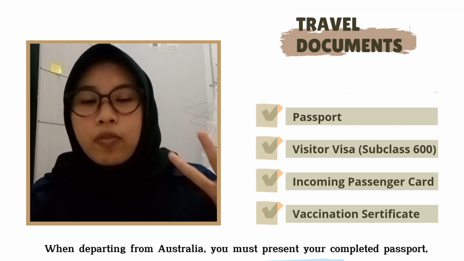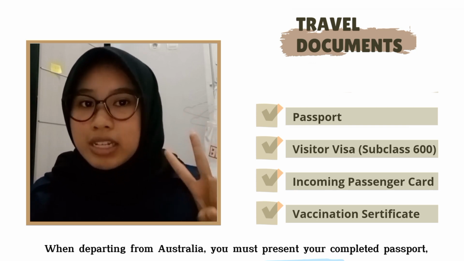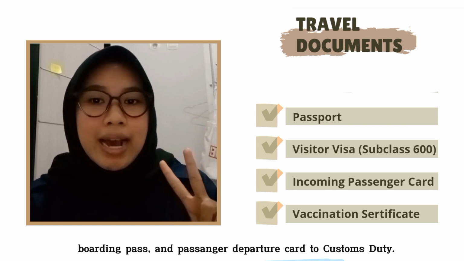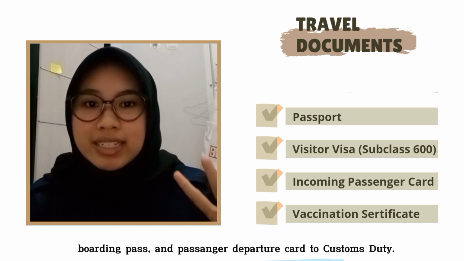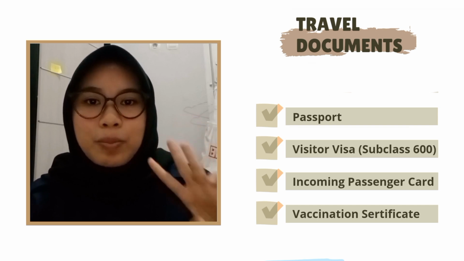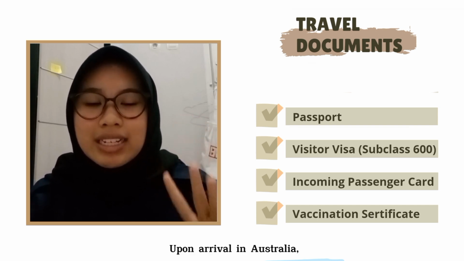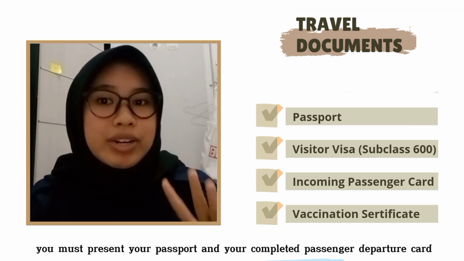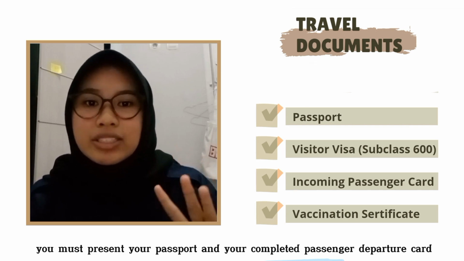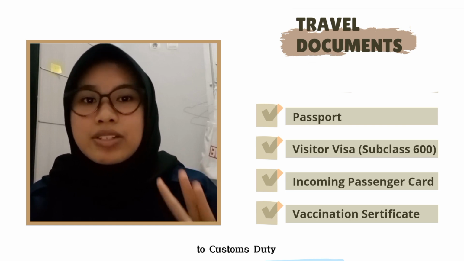When departing from Australia, you must present your completed passport, boarding pass, and passenger departure card to customs duty. Point 3. Upon arrival in Australia, you must present your passport and your completed passenger departure card to customs duty.